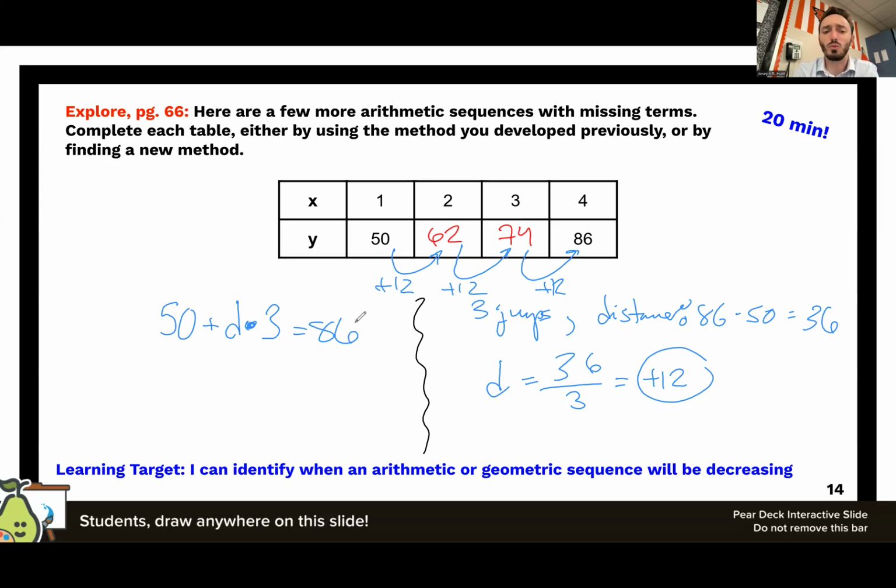Thinking about this more algebraically, 50 plus 3 jumps of some unknown length equals 86, and I'm trying to solve for this variable d.